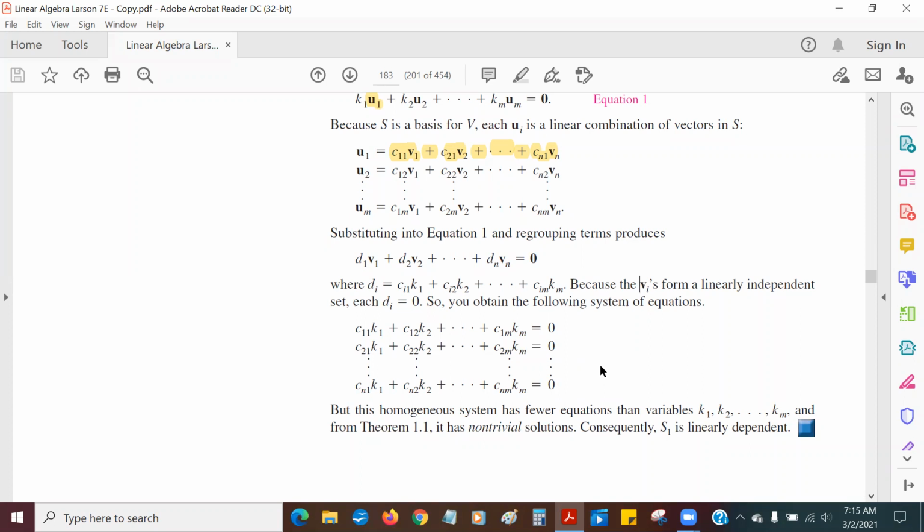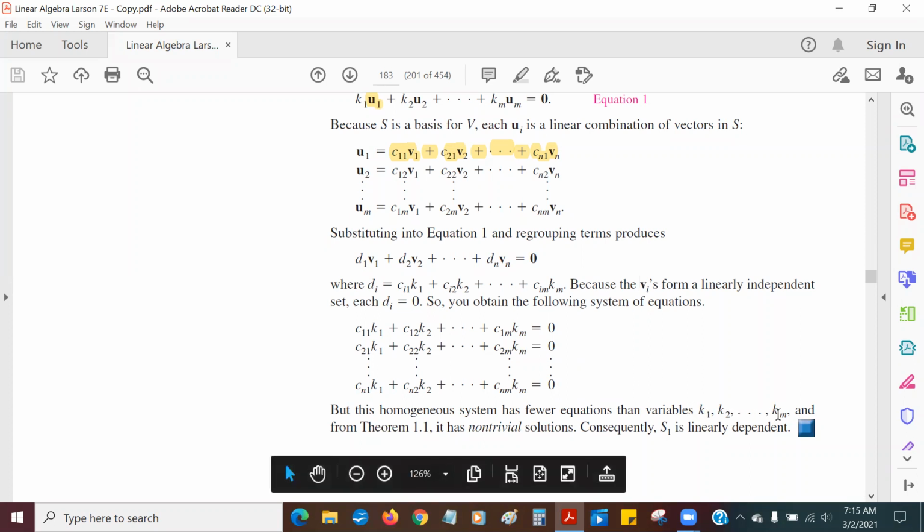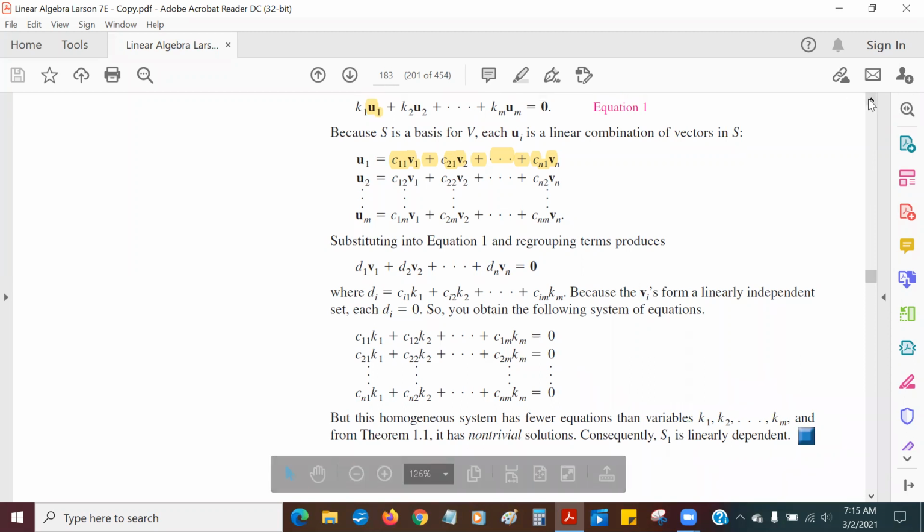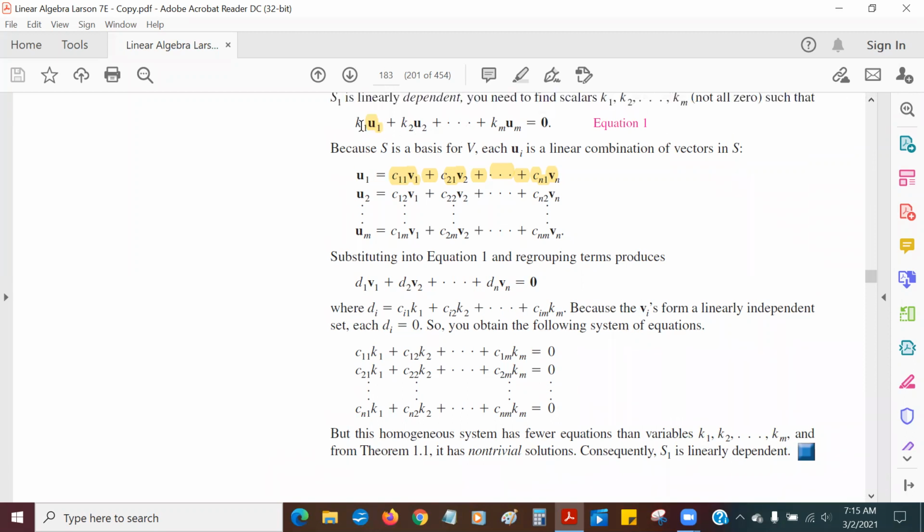What does that mean? It means there are solutions where the K's are not all equal to 0. But don't forget, we started this whole thing with this equation, and we needed to show that we could find K's which are not all 0.